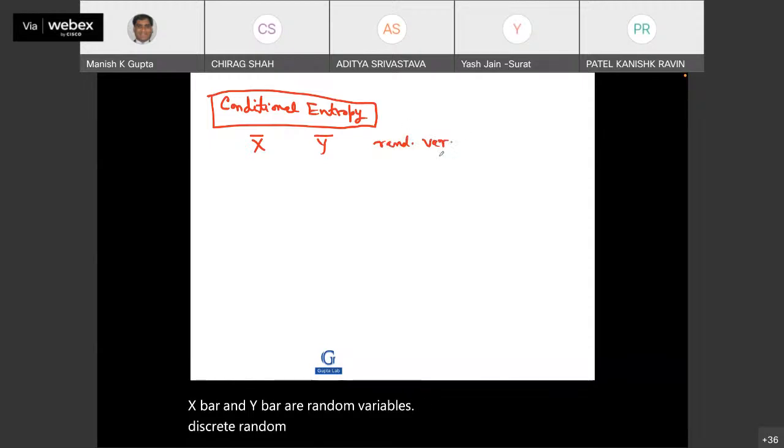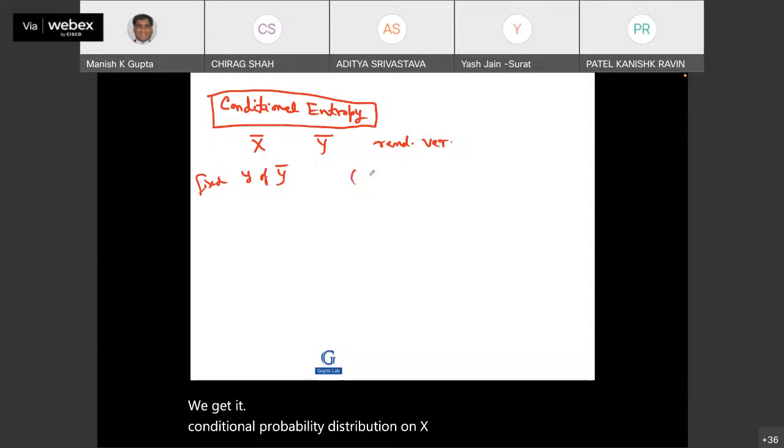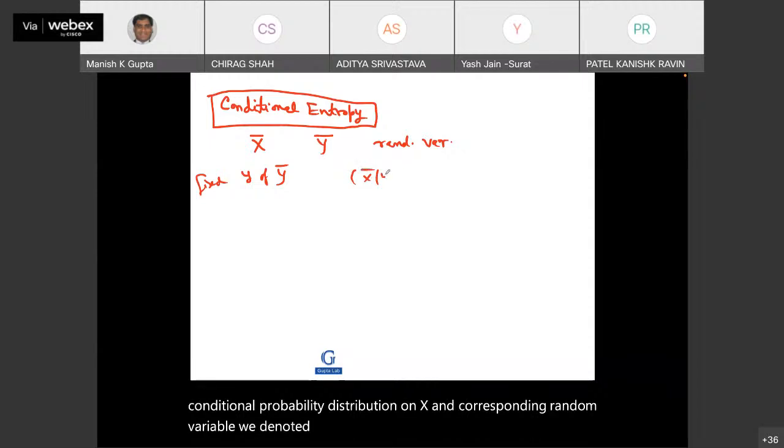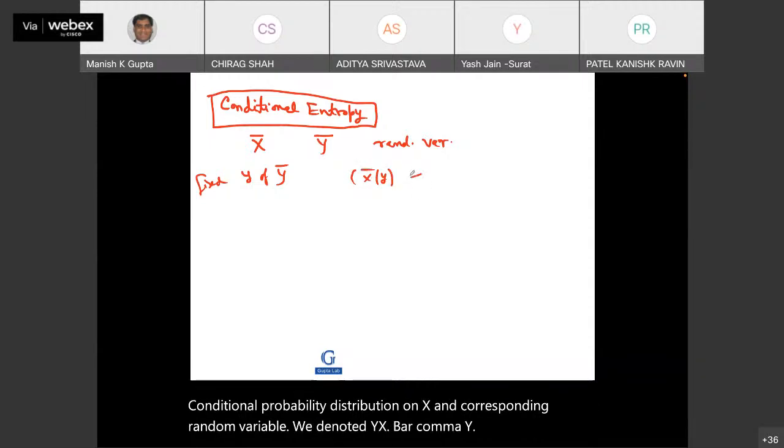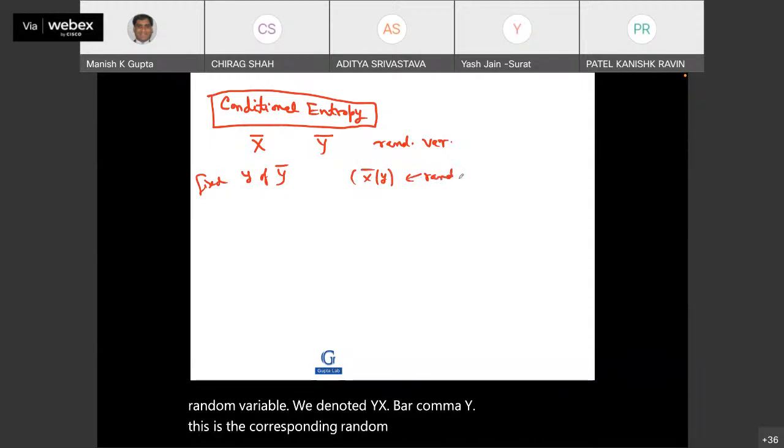Then for any fixed value y of Y bar, we get a conditional probability distribution on X, and the corresponding random variable we denote by X bar comma y.